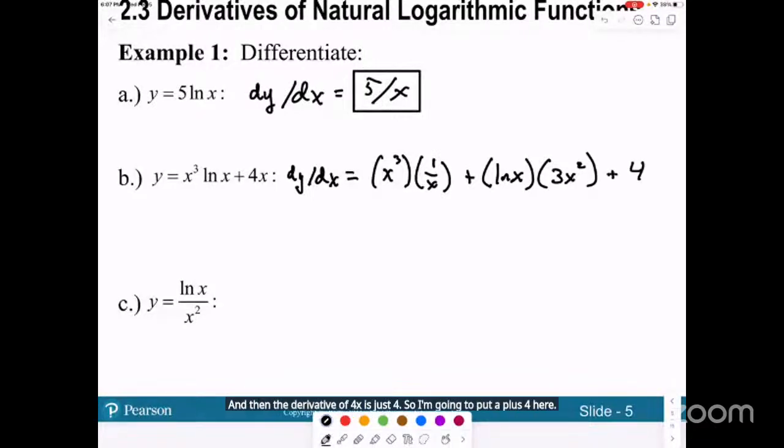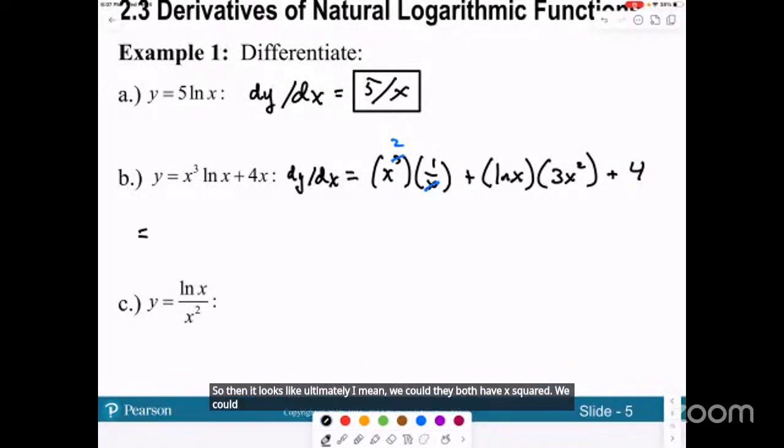We can do at least some simplifications. This guy turns this into a 2. I think that's about it, really. So then ultimately, they both have x squared. We could factor it out, though it didn't really help us that much.